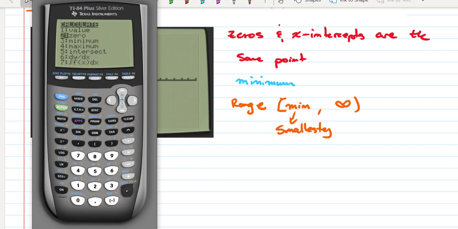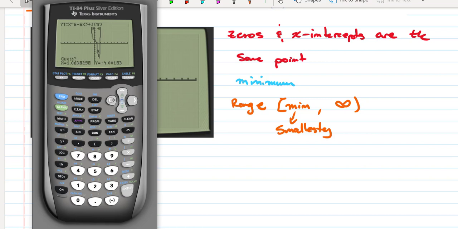So we select choice number 2, and then we have two different zeros we need to find. The first one says left bound, and so I look at my graph and I'm to the left of that zero, so I press enter. And then right bound, I press my right arrow until my x value is to the right of that x-intercept, which it is.